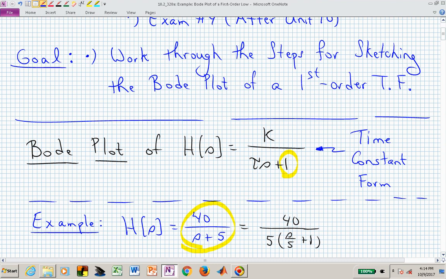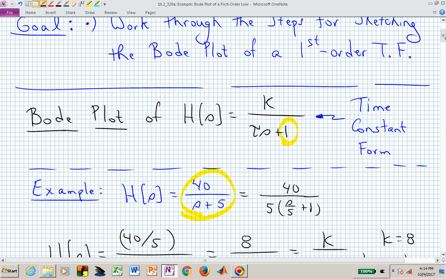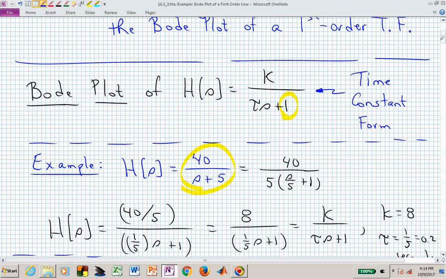And again, the time constant form, there's nothing magic about it. We can produce that K over tau s plus 1 for any kind of first order transfer function that you might be given. We simply factor out or normalize that constant coefficient to equal 1.